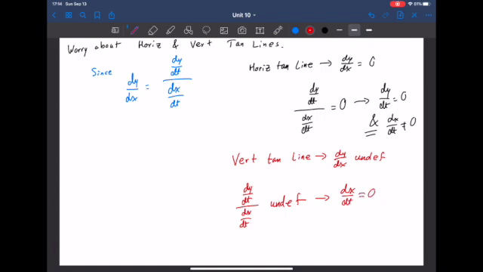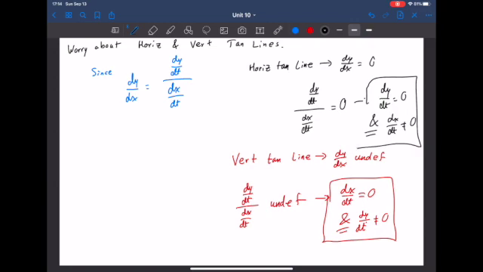But again, dy dt is not 0. Sorry, I'll clean that up. All right, so I want you to be really clear about these conditions. A vertical tangent line means dx dt is 0, dy dt is not. Or horizontal tangent line, we're going to have dy dt is 0, and dx dt is not.